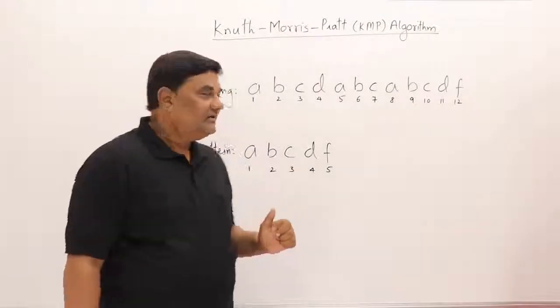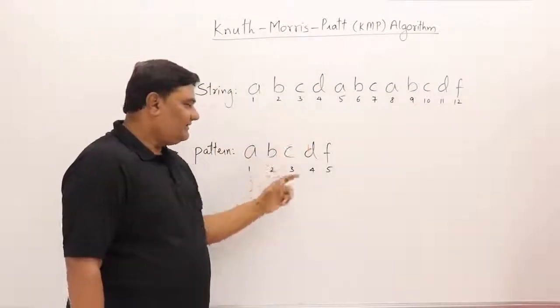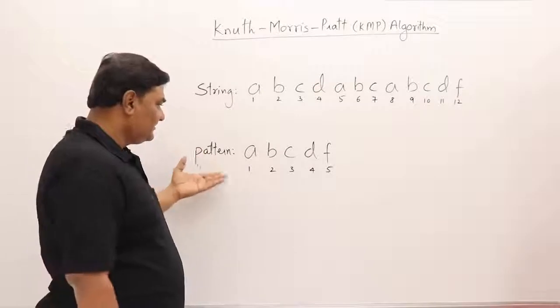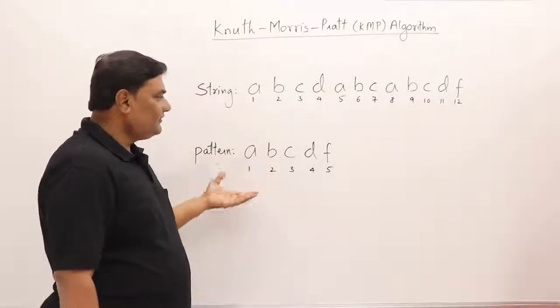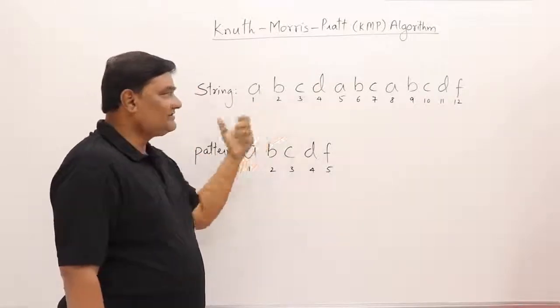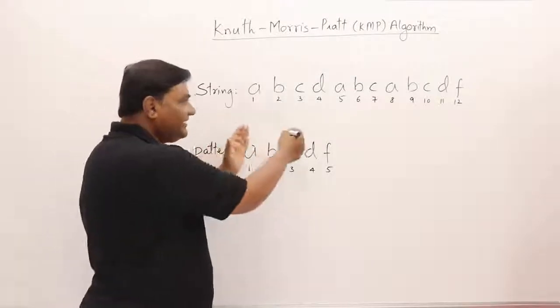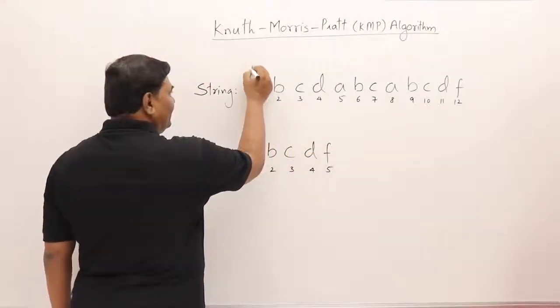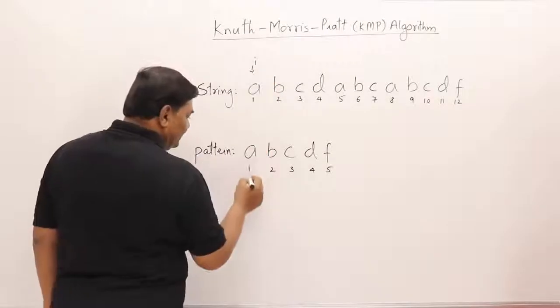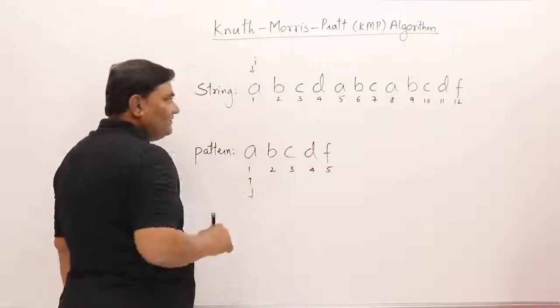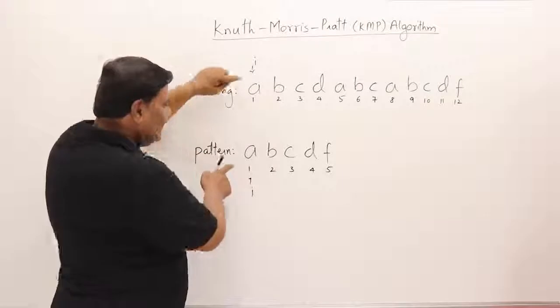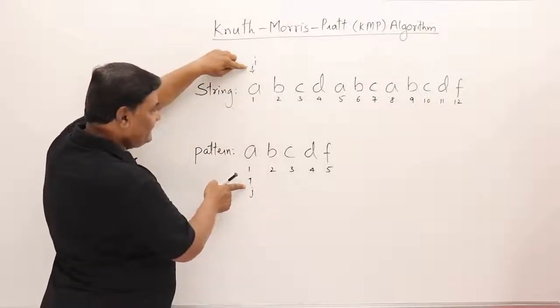Now one more example. Here this is a string and the pattern that I have to search is this one. So I have to find out whether there is a match for this pattern in this string or not. So I'll not draw a string and shift it, but instead of that I will take index I and J here. So first letter I and J, this is matching.